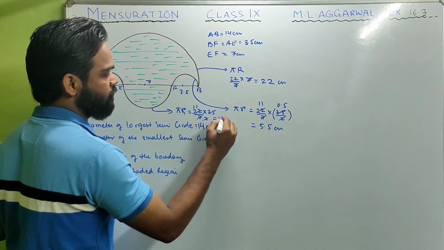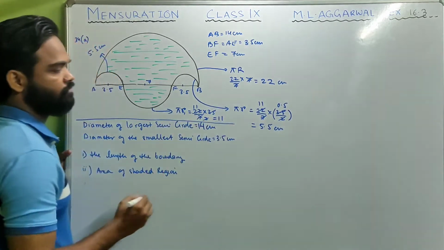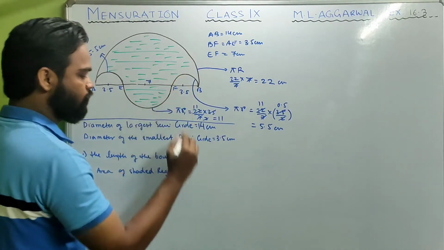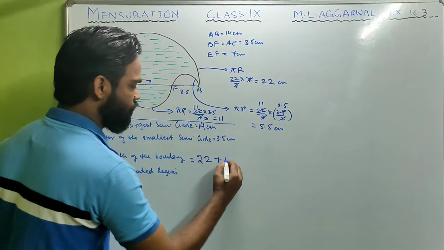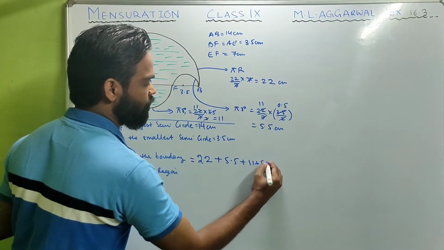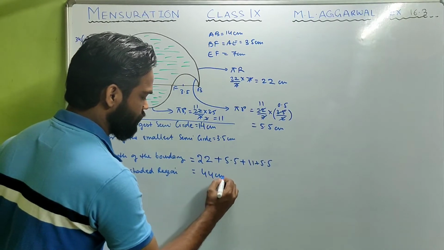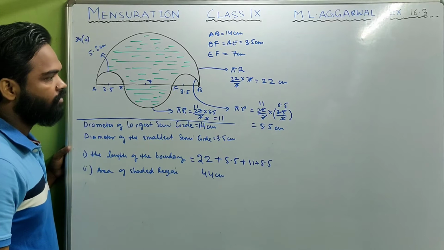So this is how much? 11, isn't it? So the length of the boundary will be 22 plus 5.5 plus 11 plus 5.5. That's how much? That's 44 centimeter, isn't it? That's the length of the boundary.